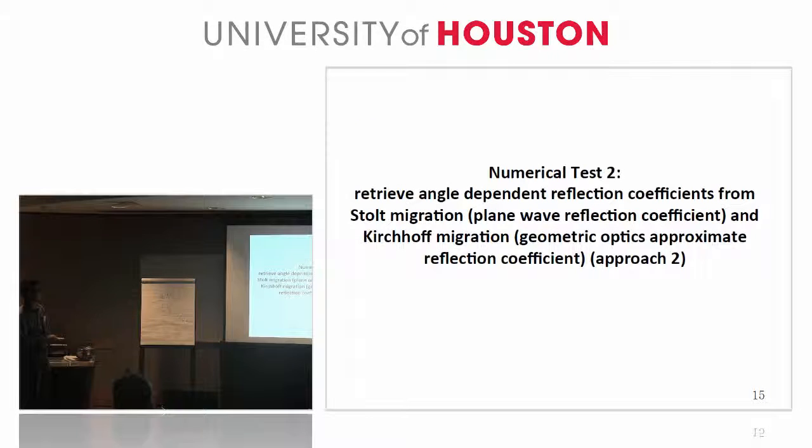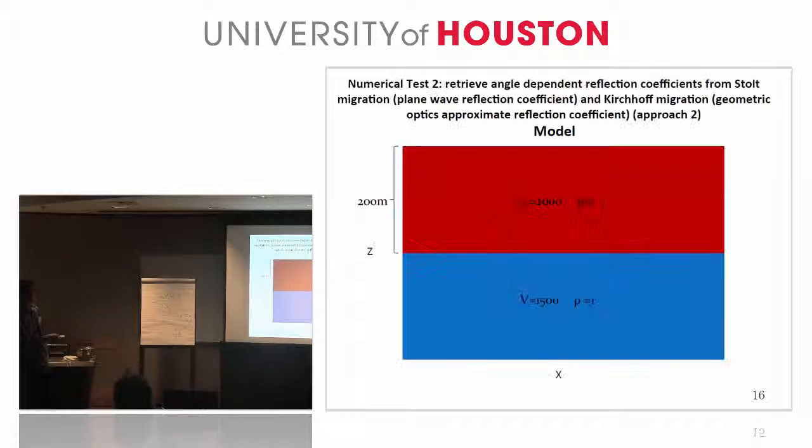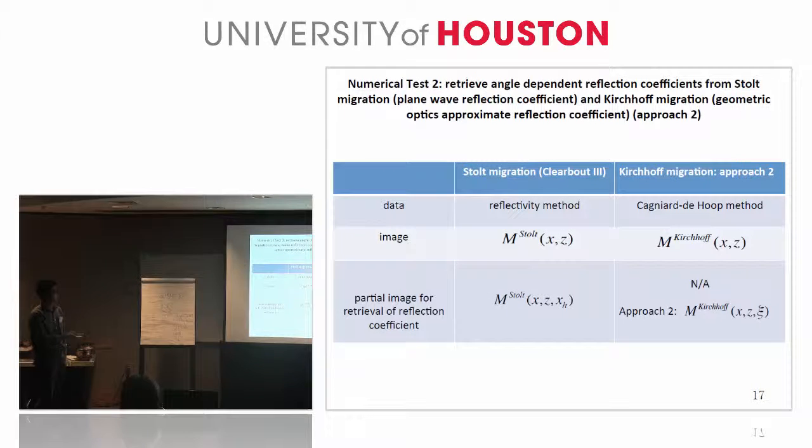And next, I will show you a numerical test that retrieves the angle-dependent reflection coefficient from Stolt migration, which will give us the plane wave reflection coefficient, and from Kirchhoff migration, which in the second approach will give us the geometric optic approximate reflection coefficient. Here is the model we use. It's the same model with one reflector. And here are the elements we use in this numerical test.